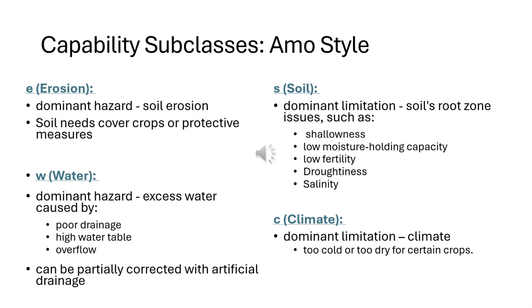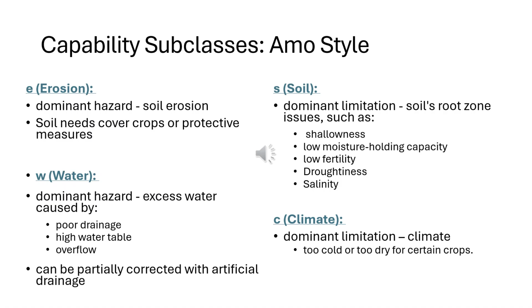You could have a high water table, or even overflow from slopes and other geomorphic structures. And something that can be done partially, it can't absolutely fix this restriction, but it can be helped with artificial drainage.